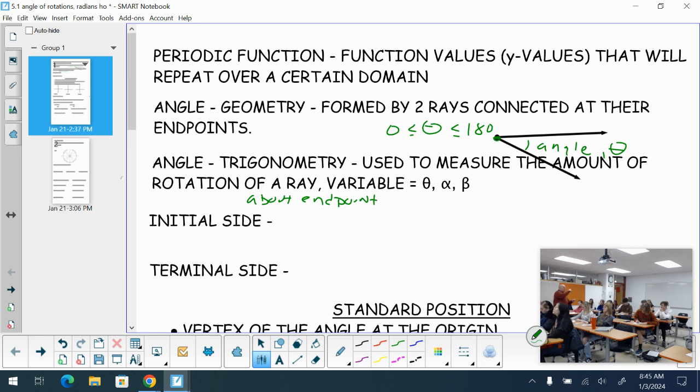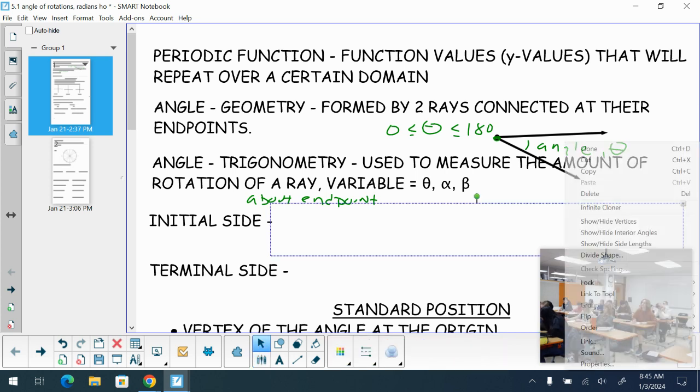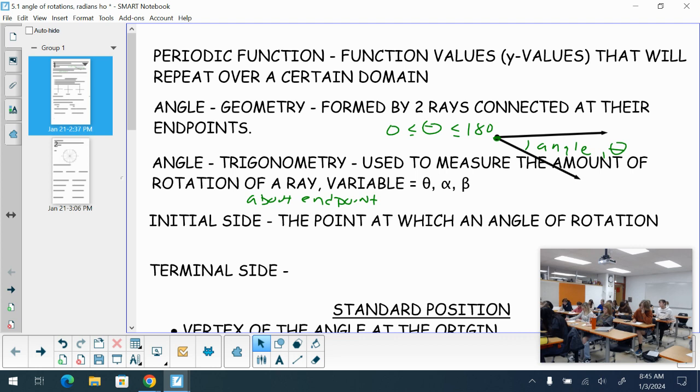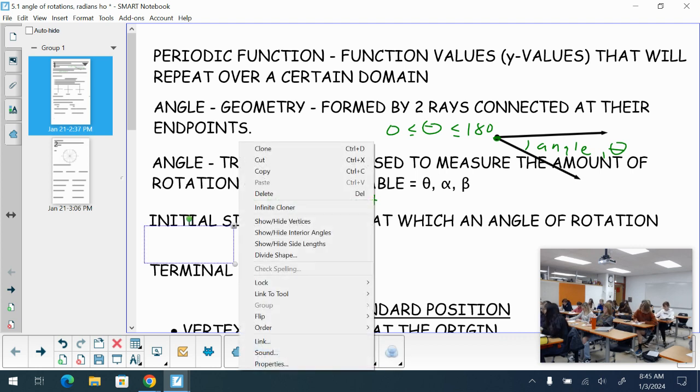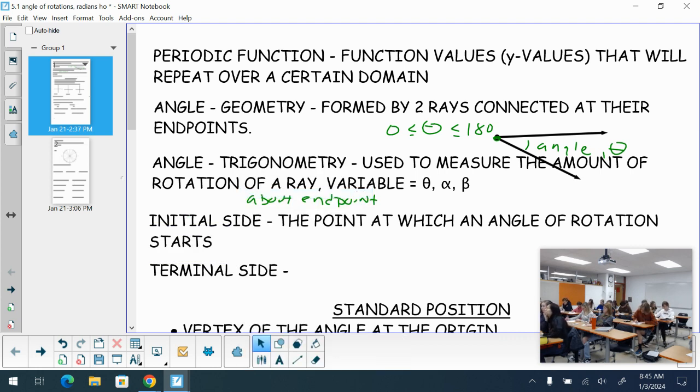Once again, this is like Mickey's big and little hand up there, the minute hand and hour hand on the clock. We hold it at the center, and we continue to rotate it around. We have an initial side. It's the point at which the angle of rotation starts. It's where we start our rotation, the initial side. You need to know where you start.